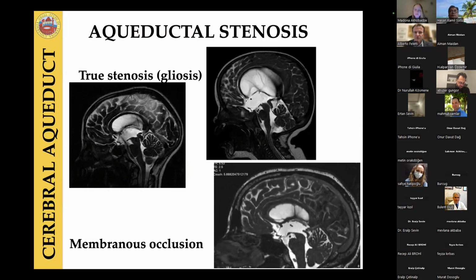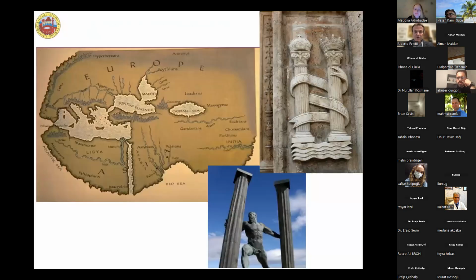When a true gliotic stenosis is present, we have to avoid performing aqueductoplasty in these patients and prefer ETV, because in these cases, if you try to perform an aqueductoplasty, you can damage the periaqueductal gray matter, and the patient can have problems like diplopia.